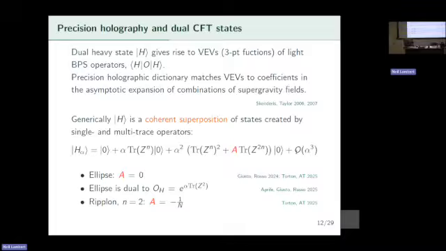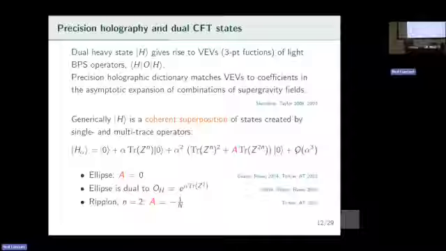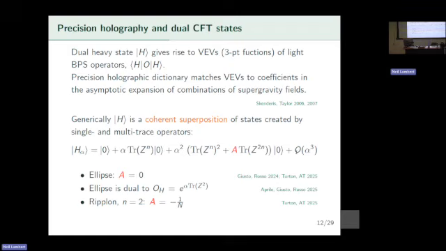Recently, the ellipse geometry was analyzed by Giusto and Russo, and they argued that for the ellipse, there is no mixing at the second order between the single trace and double trace operator. So A is simply 0. Although the spirit of the paper was absolutely right, the technical details of the calculation were incorrect. We decided to revisit this computation, and we showed precisely that indeed the ellipse doesn't have a mixing.